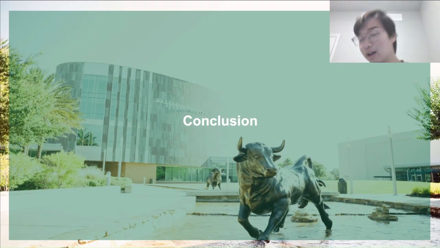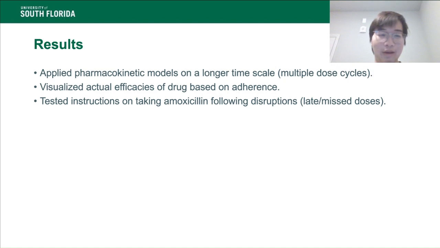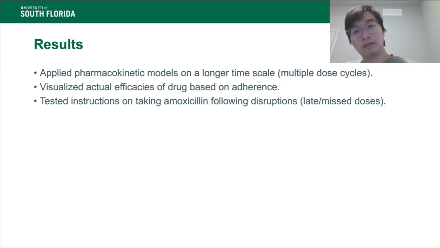And I learned a lot from this project, actually. It really is interesting to apply pharmacokinetic models on a longer time scale, with multiple dose cycles. I'm talking 20 or 30 dose cycles, where each of those cycles corresponds to a dose that a patient might have skipped or might have taken late.